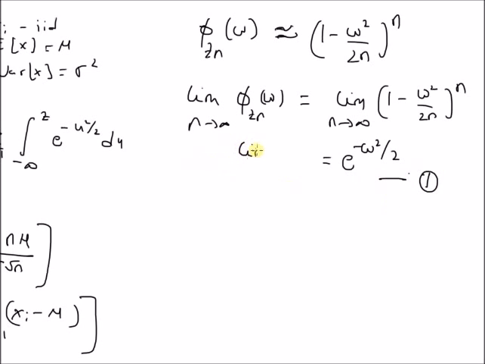In the limit as n tends to infinity, the characteristic function of the standardized sum Zn of omega is equal to e power minus omega square by 2. Now we will use this result in order to prove the central limit theorem.